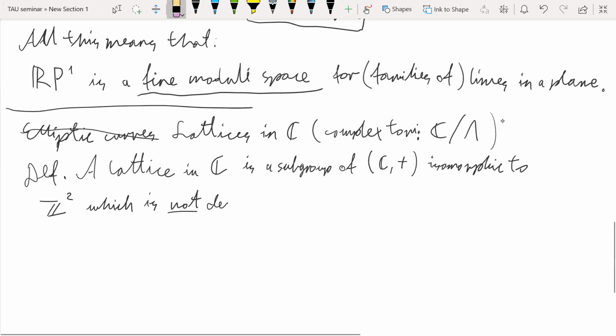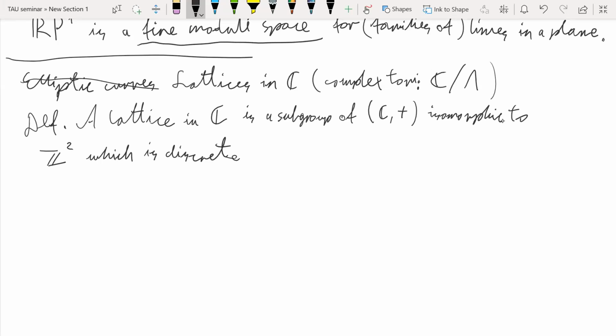Oh, sorry, no. I don't mean not dense, which is discrete. So that's also an illustration of this. If we consider the complex plane like this, here we have the origin, we can pick out some two non-collinear points, not collinear with the origin, and then consider the subgroup they generate.